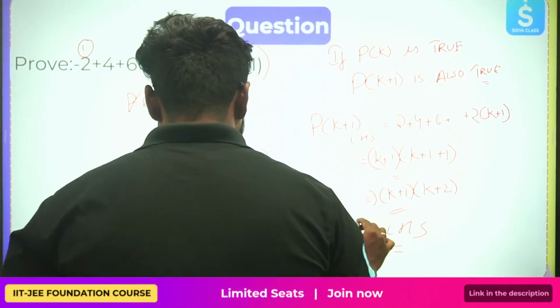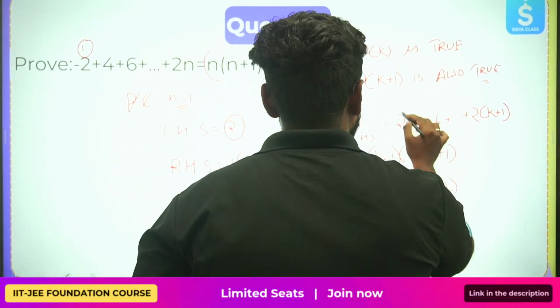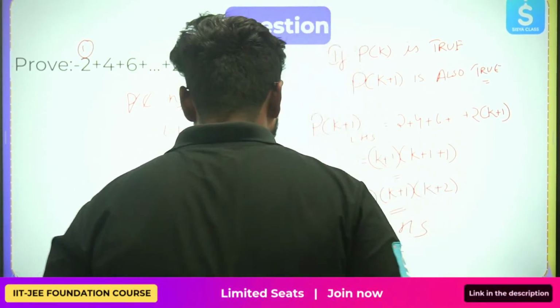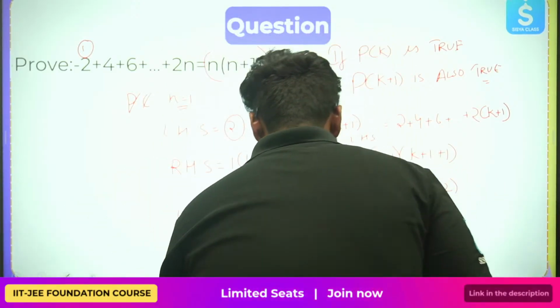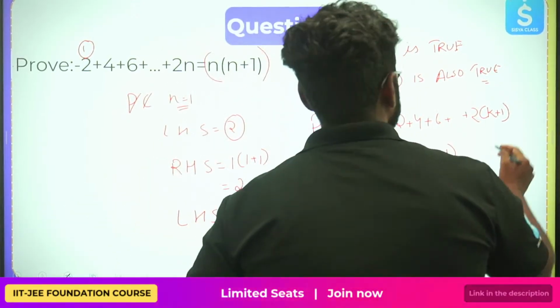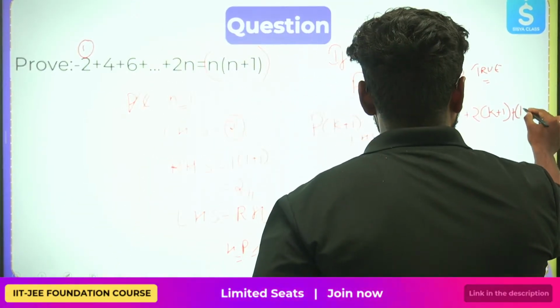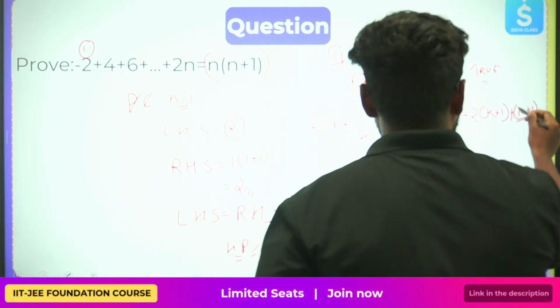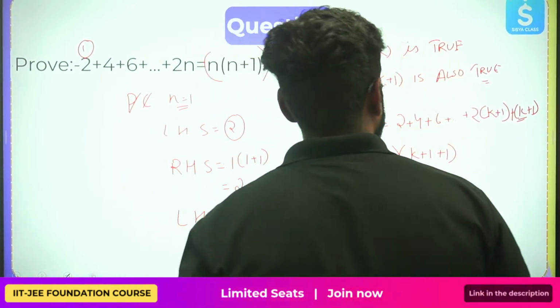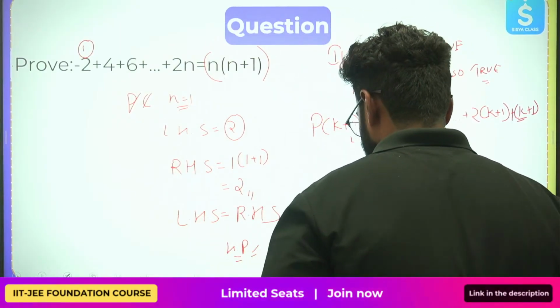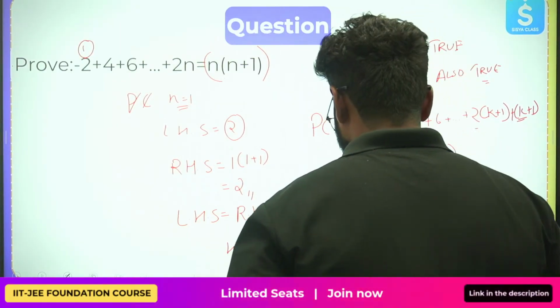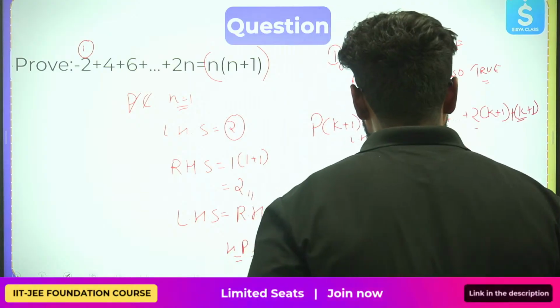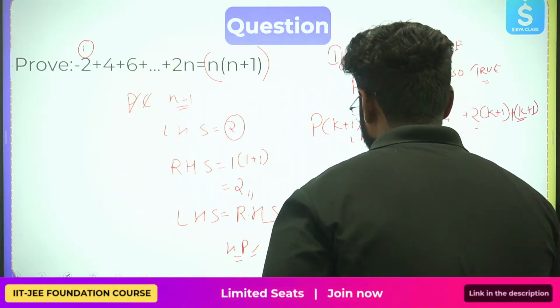In this condition, first you have to add k plus 1. So plus 2 into k plus 1. If you check this, both LHS and RHS are k into k plus 1 plus 2 into k plus 1, equal to k plus 1 into k plus 2.